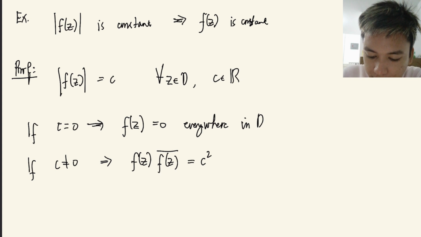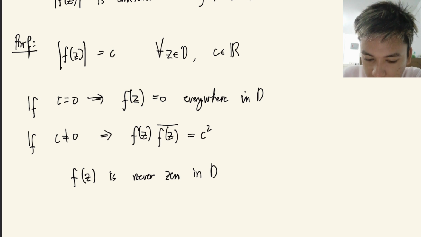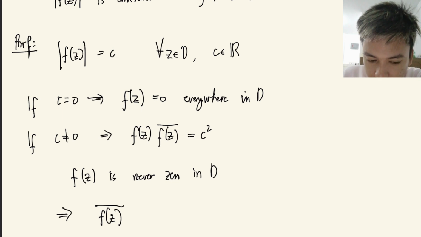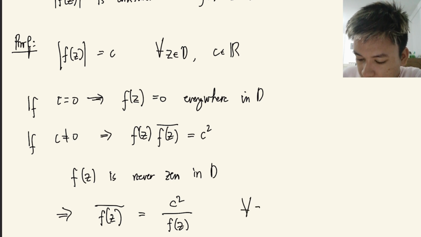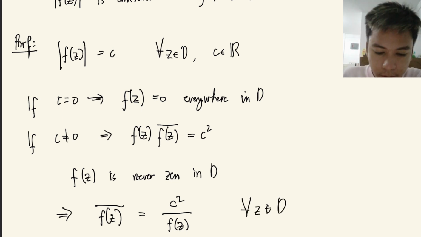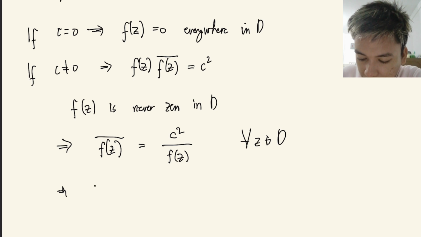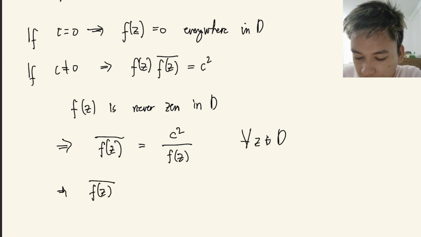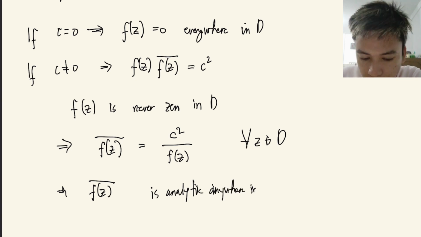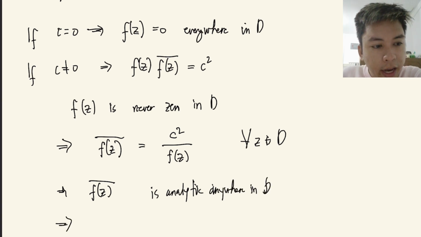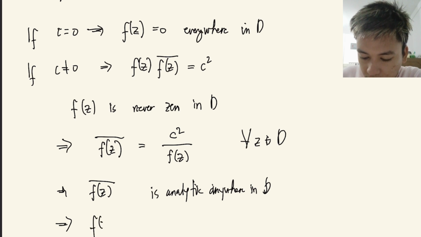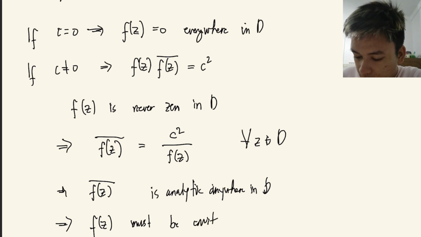So note that f of z is never 0 in D. So this means to say that your f of z bar, or the conjugate, is c squared over f of z. That's for all z in D. And so meaning to say that f of z bar, or the conjugate, is analytic anywhere in D. So by example number 3, f of z must be constant throughout D. That's all.